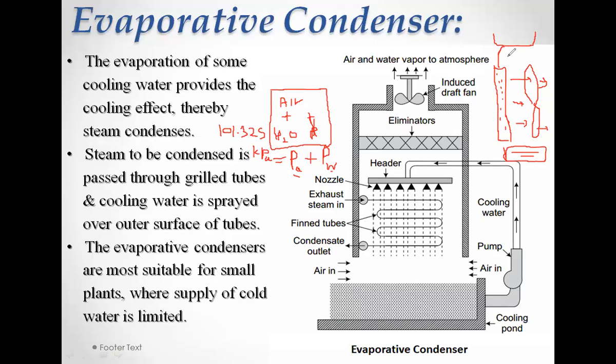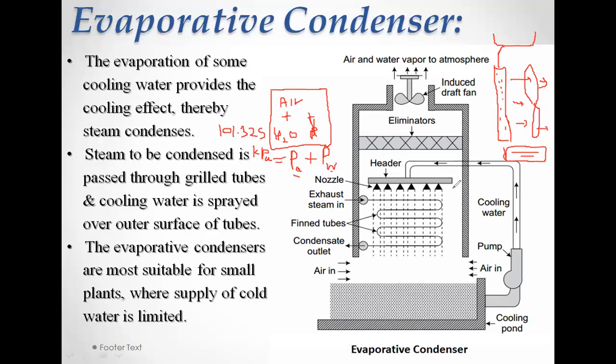Okay, so this sprinkling creates a cooling effect and the steam gets condensed and is collected here. Again, there is an exhaust fan or induced draft fan installed at the top, so it creates a flow of air in the upward direction. Air is coming from the downward direction and it flows upward.